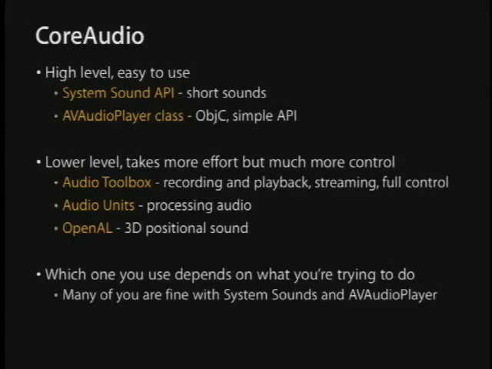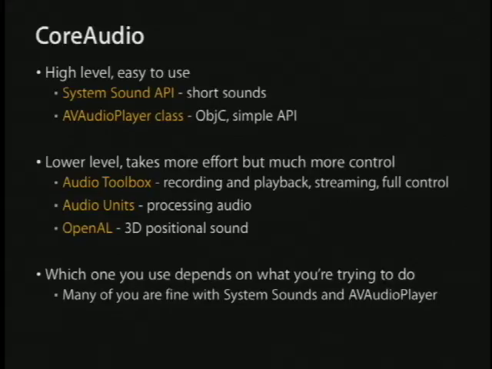Now, on top of Core Audio, there are a few different levels of abstraction. For very easy-to-use sound processing, you have the System Sound APIs. For something a little more Objective-C friendly, there's a simple API called the AV Audio Player, which is great for playing songs, for example. And at a lower level, there are 3 that we're going to get into.